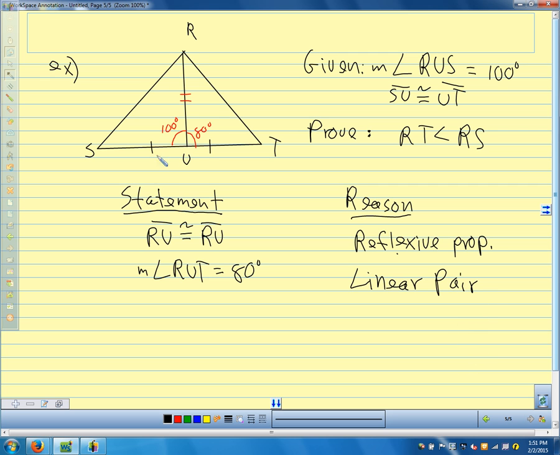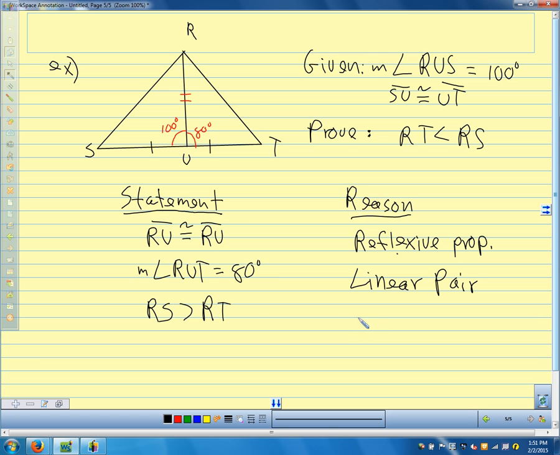All right, so since this angle is bigger, this angle is smaller, now what can we say? Which of these sides is going to be bigger or smaller? RS is going to be greater than RT. Isn't that what we were trying to prove? Yes? We could say the converse of the Hinge theorem. We could say the side inequality.